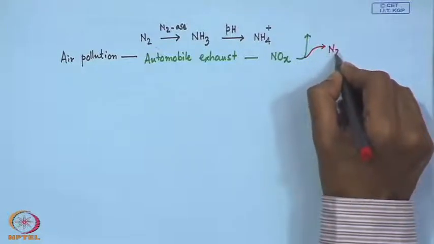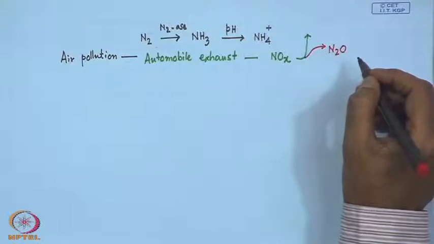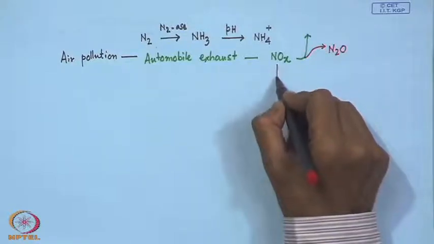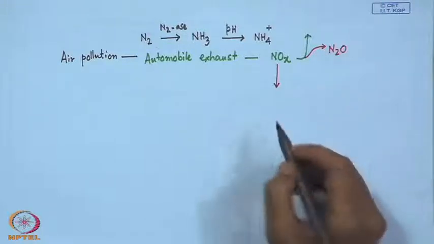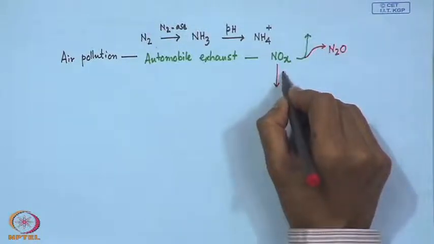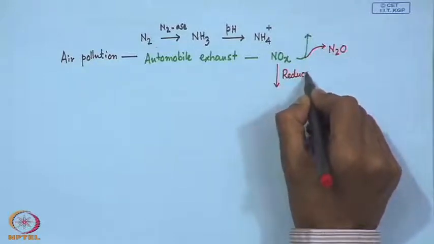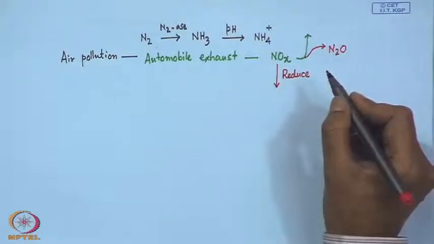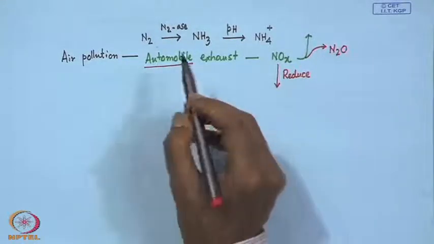So, they can produce the most formidable greenhouse gas, nitrous oxide, but the challenge for a clean atmosphere is how we reduce the concentration of NOx in the environment, because the burning of fossil fuel we cannot stop.